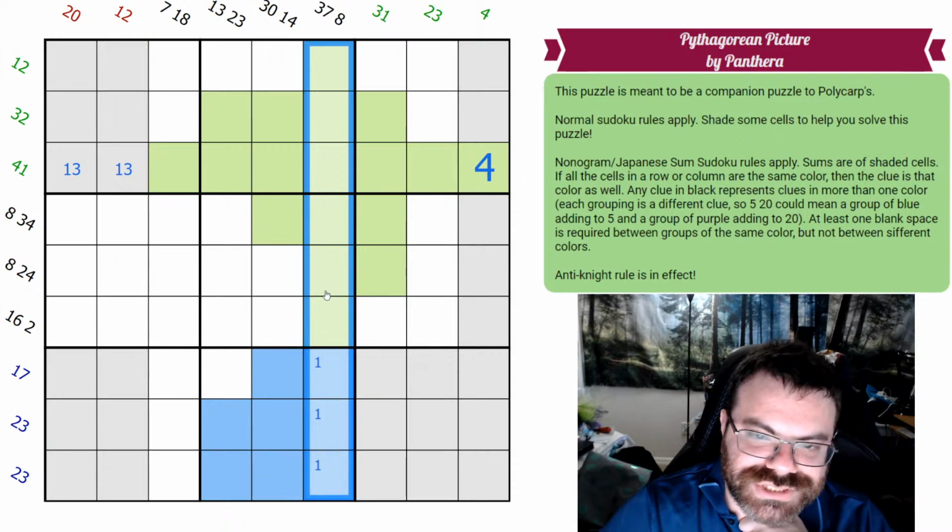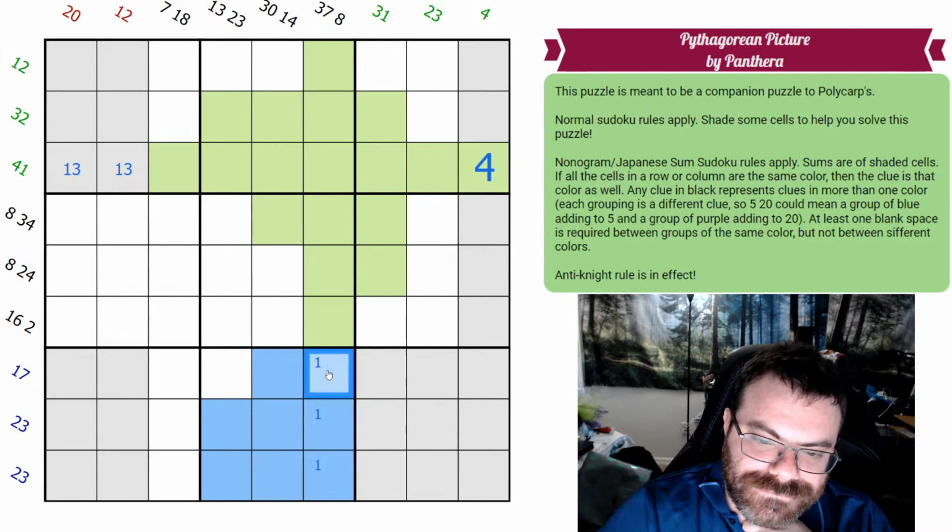Okay, I'll get to that in a sec, Caleb. So we know all the cells are shaded because the sum of all the shaded cells is 45. And so none of these can be green because there's no green close horizontally. So we have to have 3 blues.